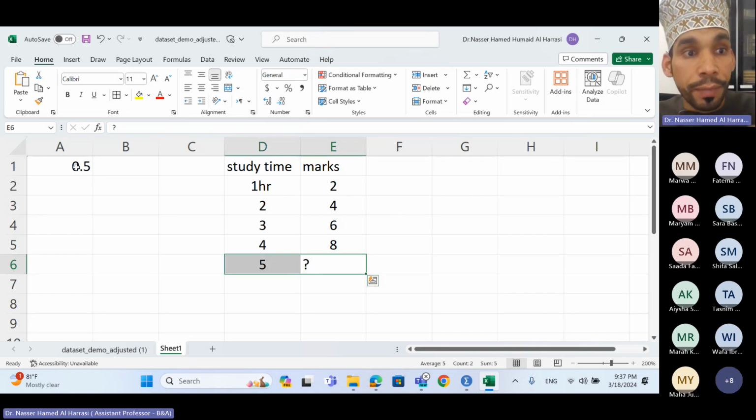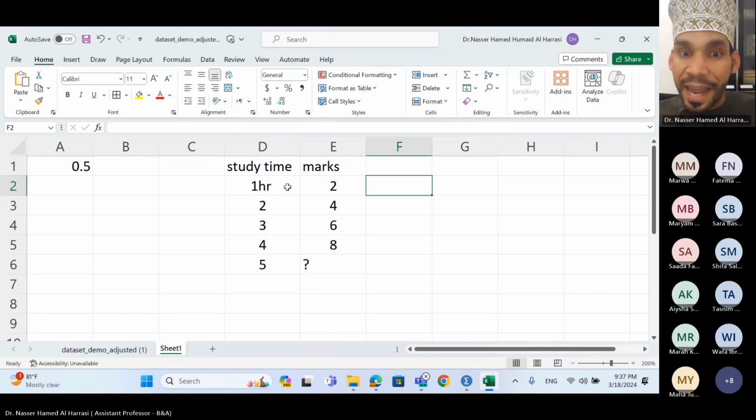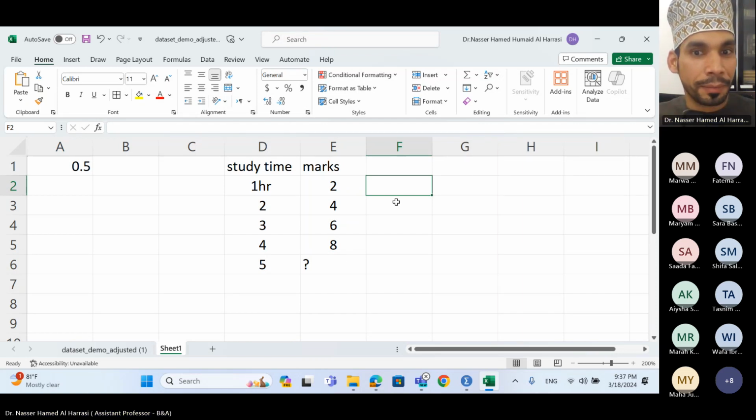I need you to consider the effect size with 0.5, 50%. 12? 9. Excellent, 9. Why did we say 9? I'm going to tell you.